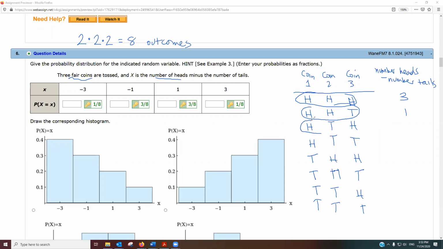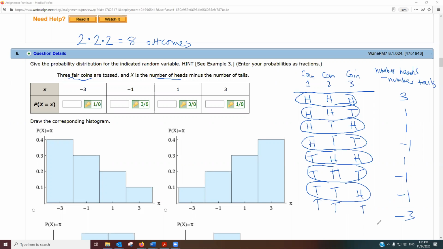This is going to be 2 minus 1, 1. Remember, we're counting the number of heads minus the number of tails. This is going to be 1 subtract 2, that's negative 1. This is going to be 2 subtract 1, that's a 1. This is going to be 1 subtract 2, that's a negative 1. This is going to be 1 subtract 2, that's another negative 1. And this is going to be 0 subtract 3, which is a negative 3.